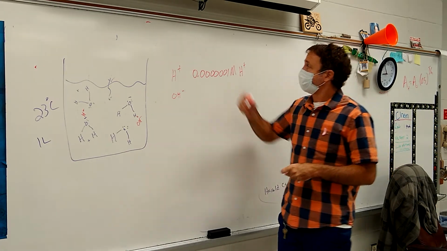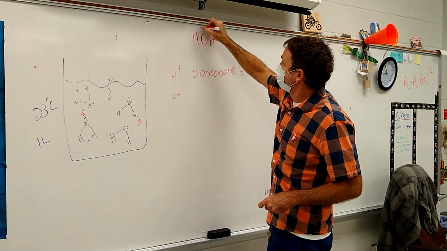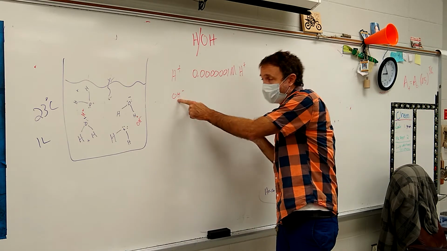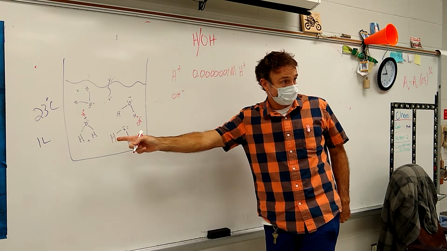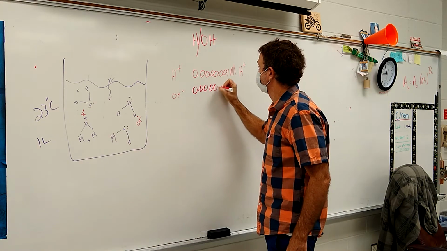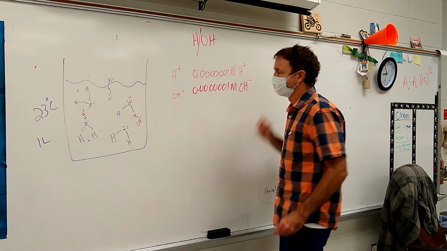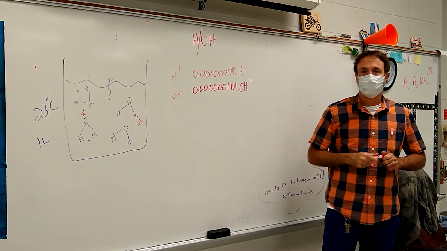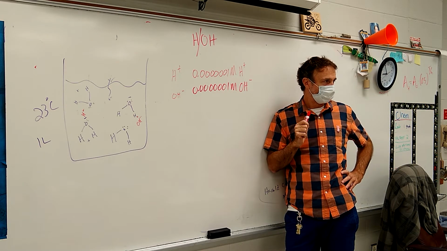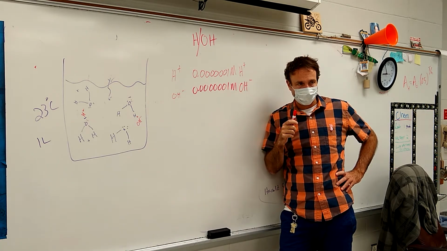And since we have this water molecule, and for every H there's an OH, then the molarity of free hydroxides in a neutral glass of water is always about 0.0000001 molar hydroxide. Now that's crazy. You're like, Mr. Perkins, that's very low. We wouldn't taste that. True. As long as you have an equal amount, you won't taste it.